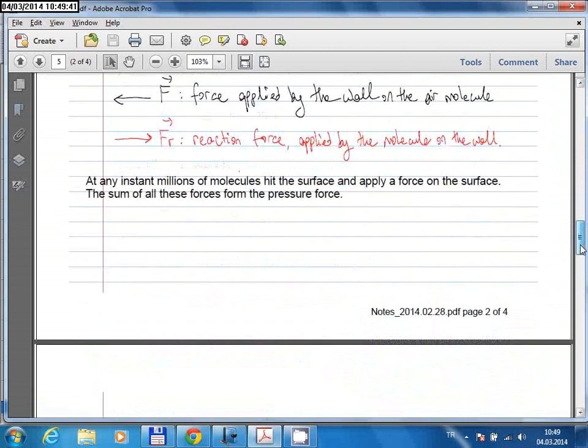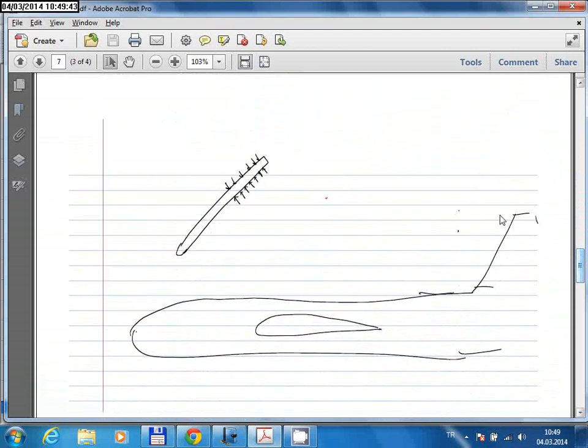Okay, and normally if you have a gas, the gas applies the same pressure everywhere, just because the motion of the molecules is random.